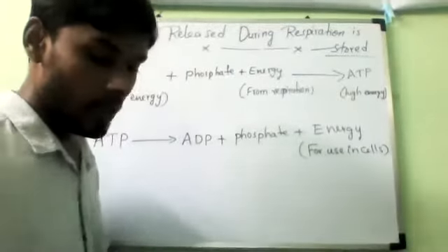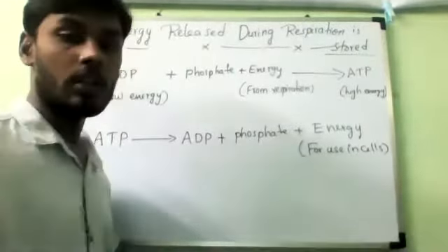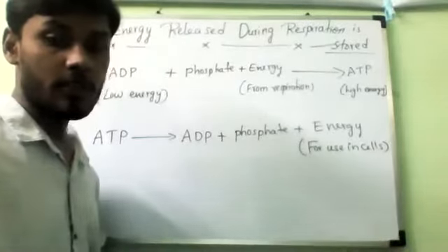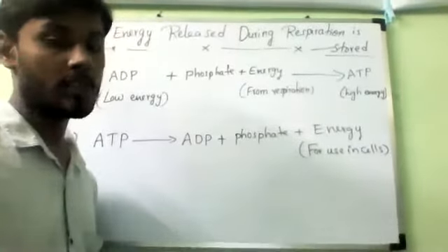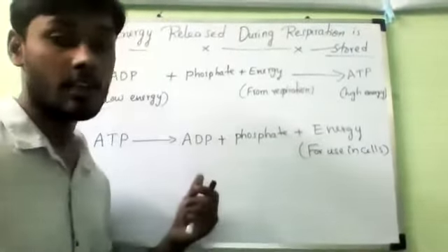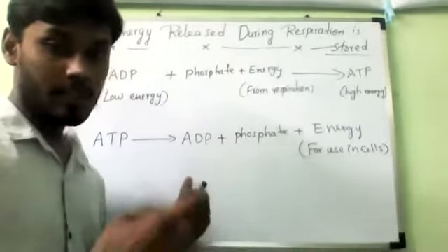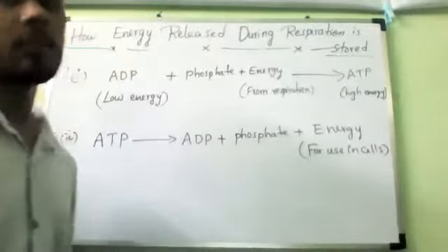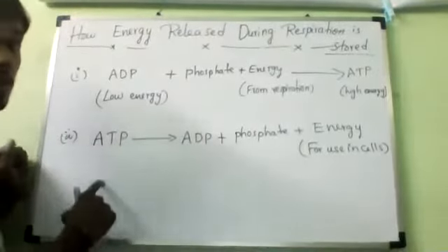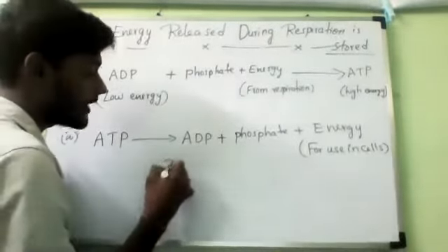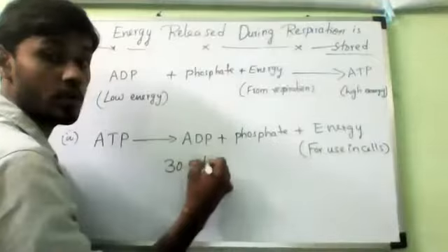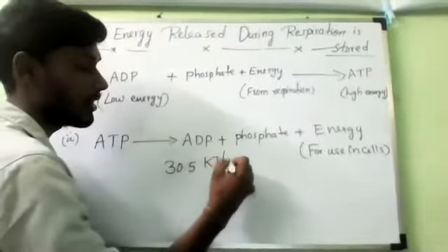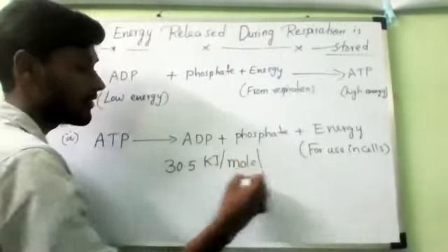Now, let us go on. So we'll continue. If we observe in this respiration process, when the ATP is releasing energy, do you know that once this process is taking place in the body, about 30.5 kilojoules of energy per 1 mole will be released?